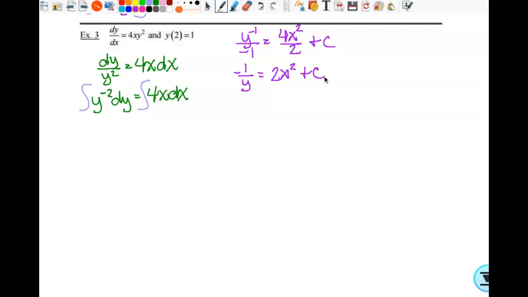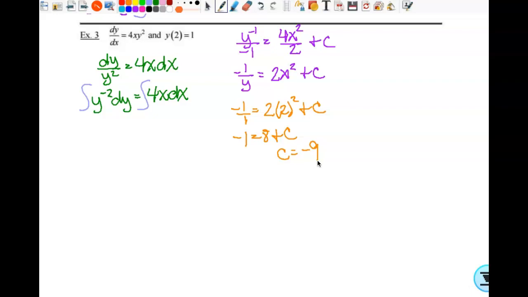Find C. Go ahead and find C. After we find C, what do we do?